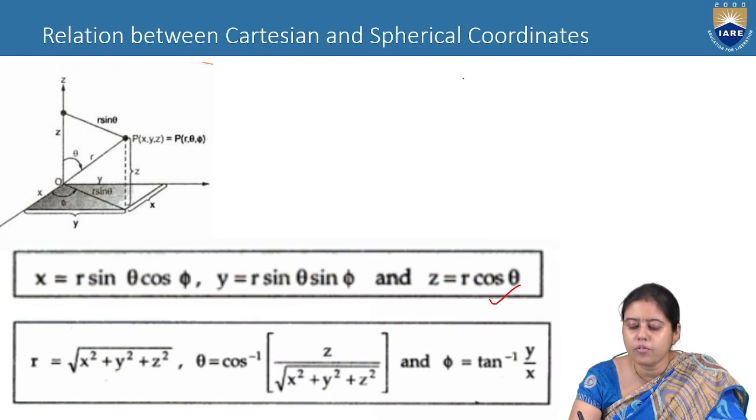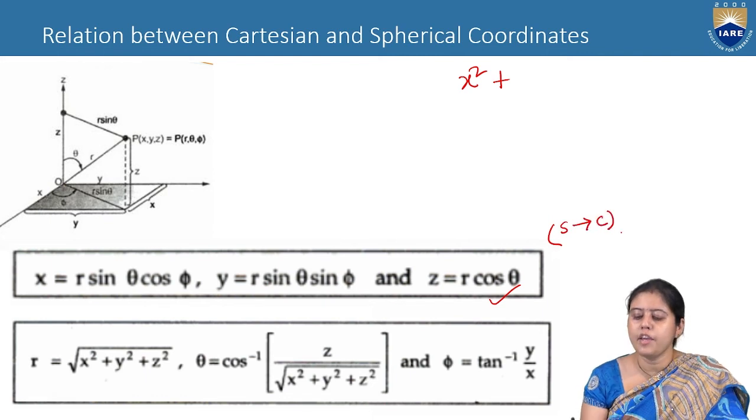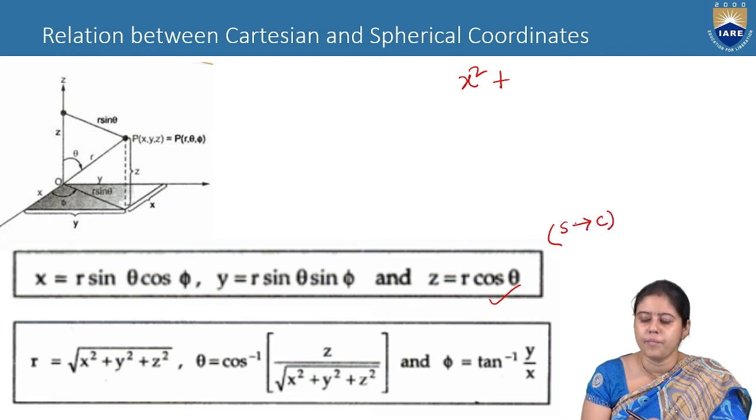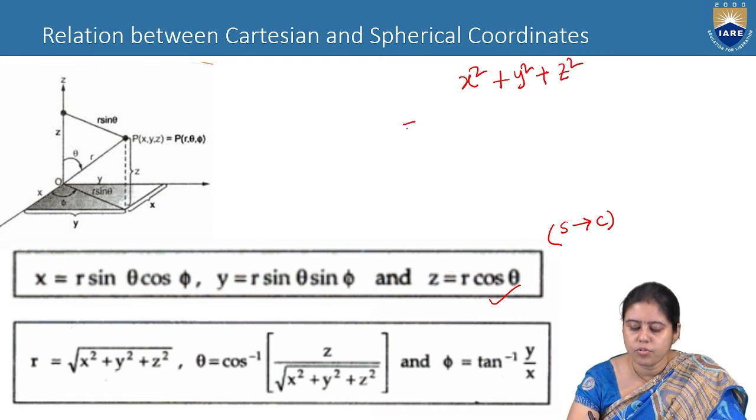This is the spherical to Cartesian. If we want to do the vice versa, Cartesian to spherical, what will we do? First, we will add x square plus y square plus z square. So, what is the value?